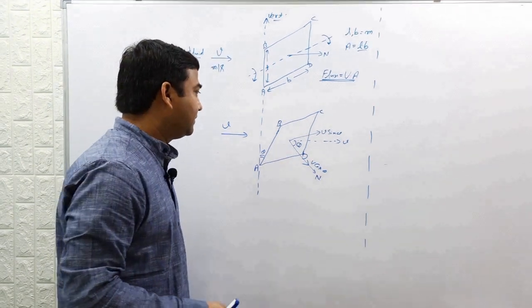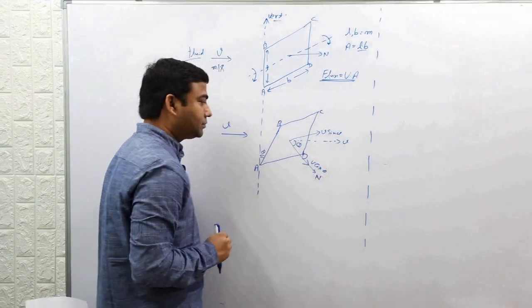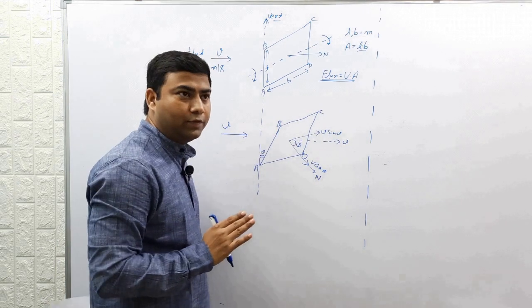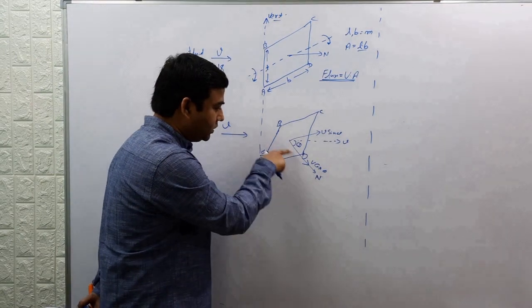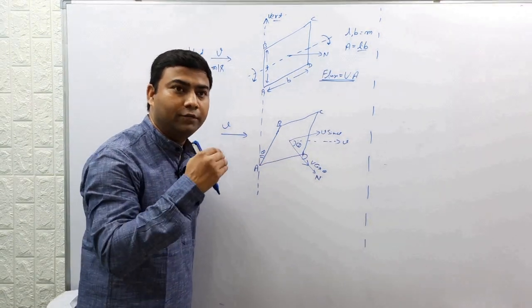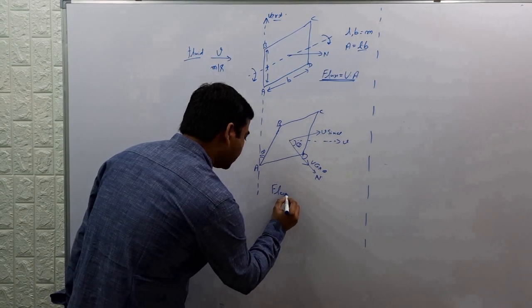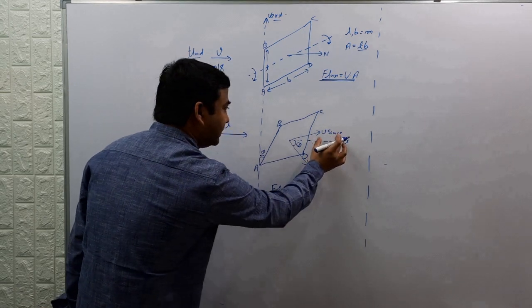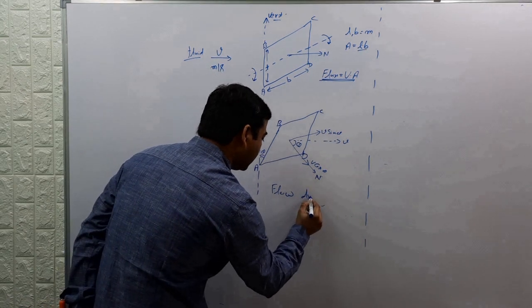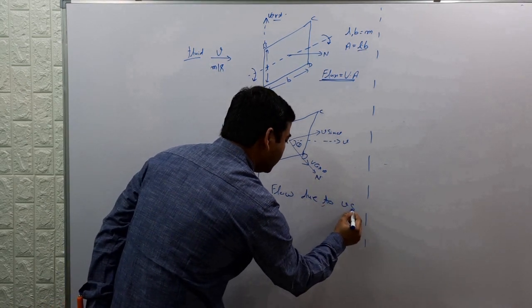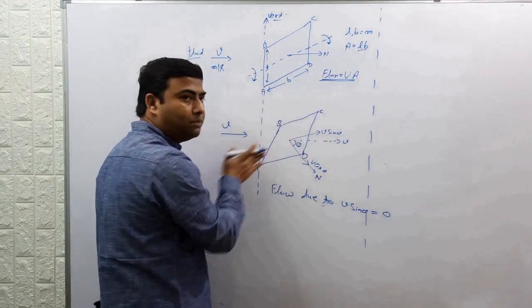As I have earlier said, the component of velocity which is along this area will contribute zero flow, and the component which is perpendicular to this area will contribute full flow. So the flow due to v sin theta is equal to 0, because v sin theta is along the plane.